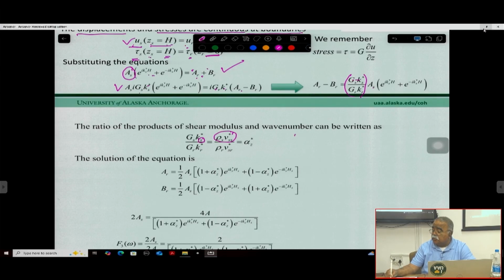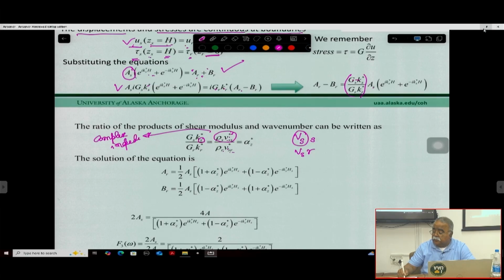So this is your Vs, that means shear wave velocity at the soil surface, and this is your shear velocity at the rock surface, right? So this is the Vs at the rock surface. So this Kr will be the shear velocity at the rock surface. So that is an impedance constant, or we can say it's a complex impedance ratio, or it's a complex impedance.